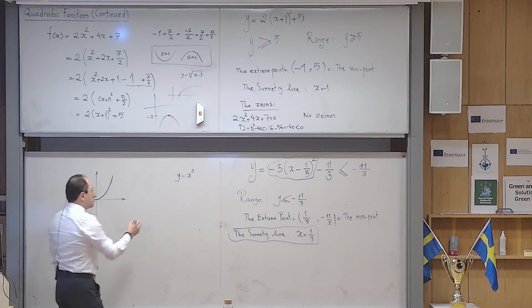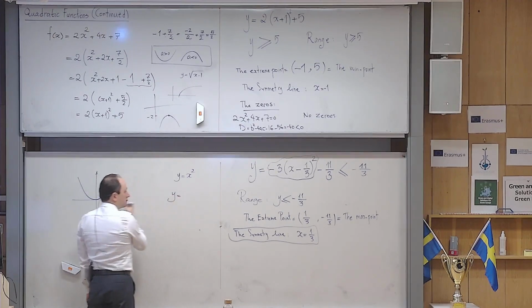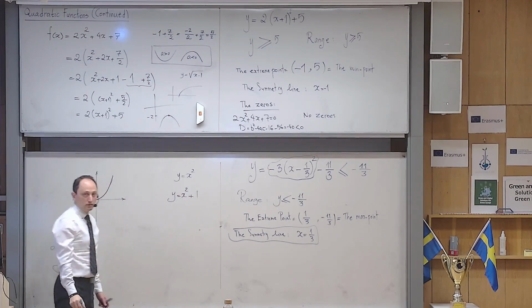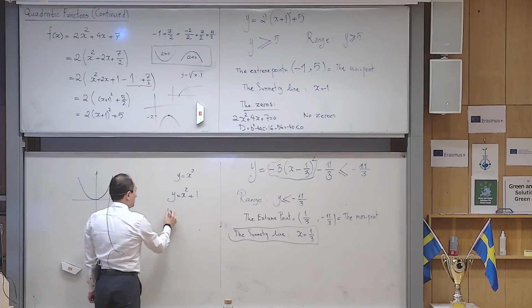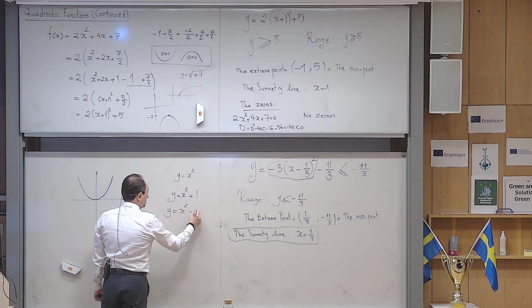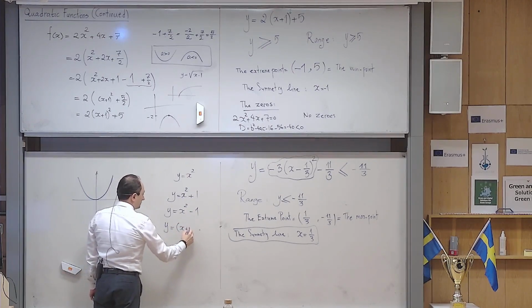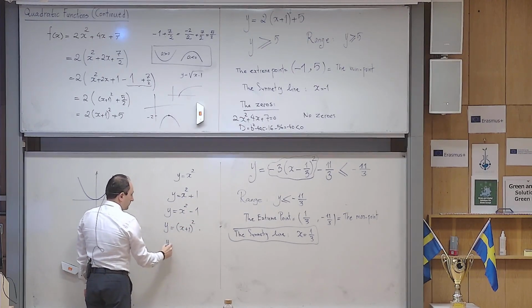Now, I want you to understand, if I give you this graph, and I ask you what is the graph of this one, or this one, or this one, or this one.